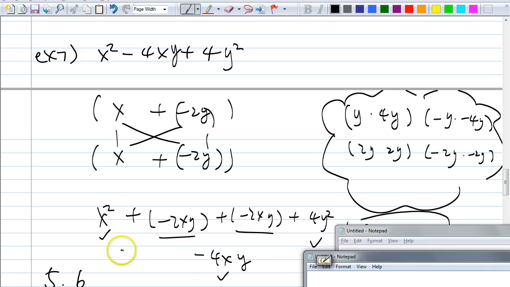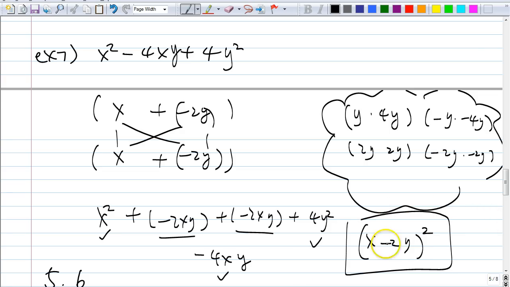Do all of them check? Yeah. X squared, negative 4xy, because negative 2xy plus negative 2xy, isn't that negative 4xy? And then you got 4y squared. How many people got this? Again, do you think it's best to write this as something squared this way? How many people understand it now, if you didn't get it right? Do you think you could do something like this for your homework tonight? Very good.